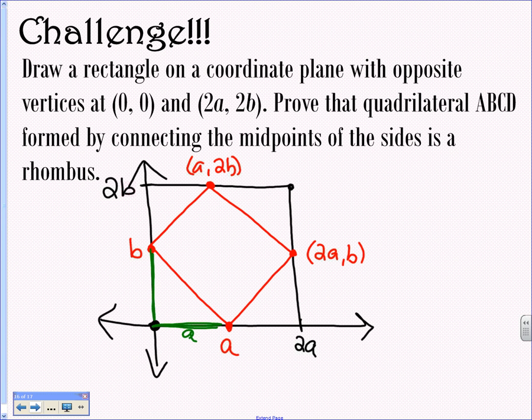What's the length here? So what is going to be the length of the hypotenuse? And then the square root of that? Okay, what about for this triangle? What's the length here? What's the length here? What's going to be the length of the hypotenuse?